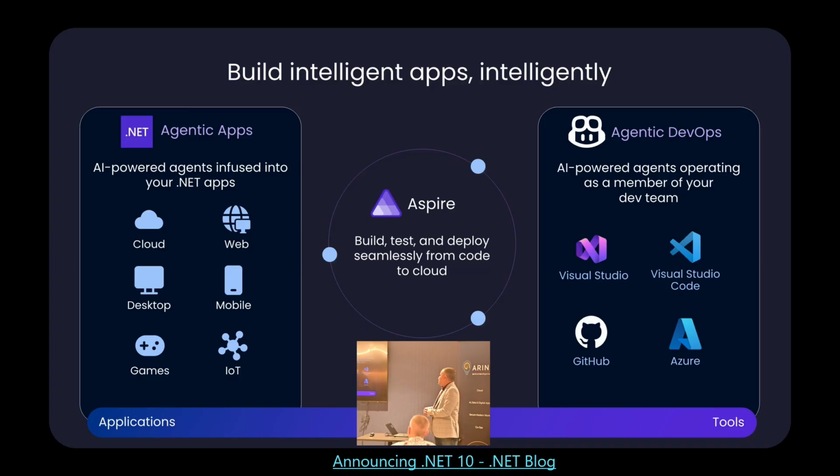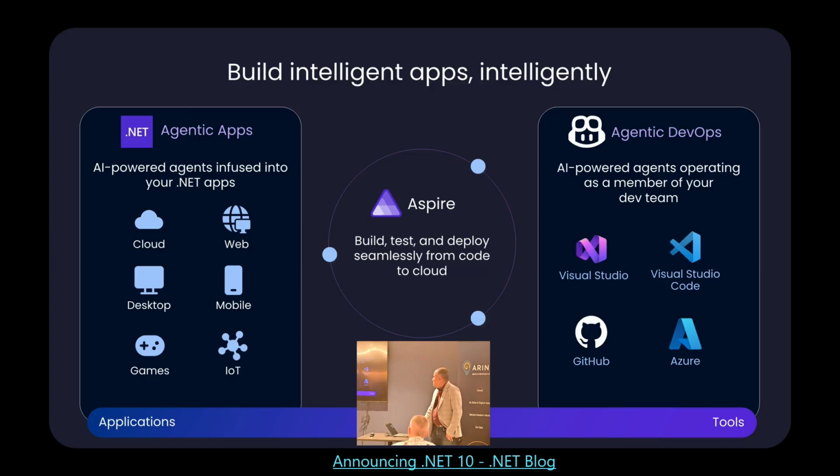This picture is from the .NET blog, the recent announcements made at .NET Conf. What this is trying to depict is that we can inject agents, or make any application agentic. It's not just web or mobile.